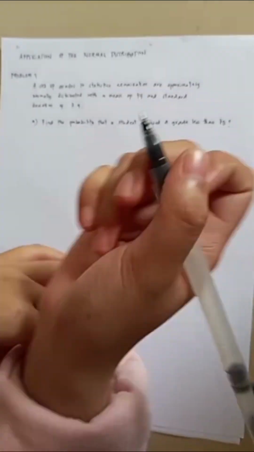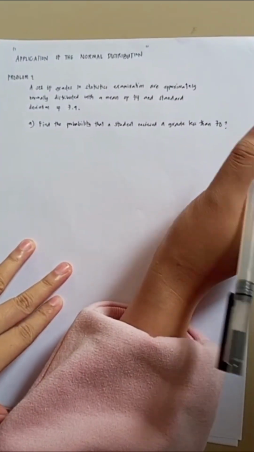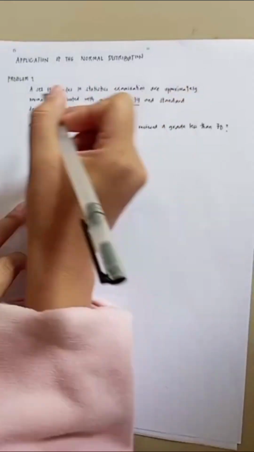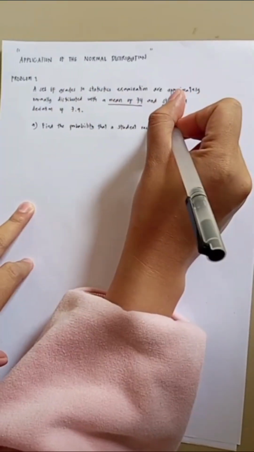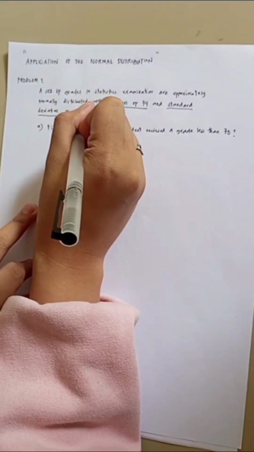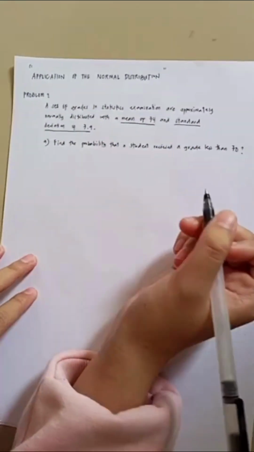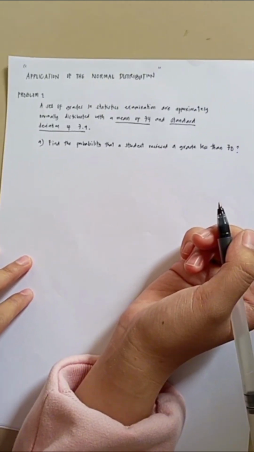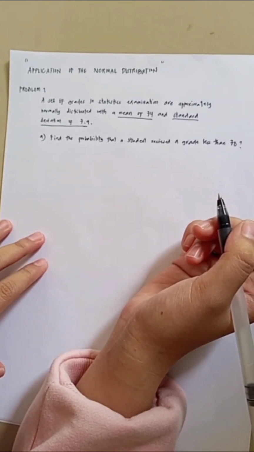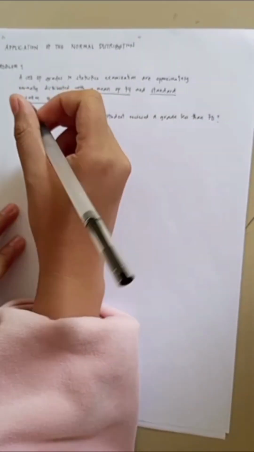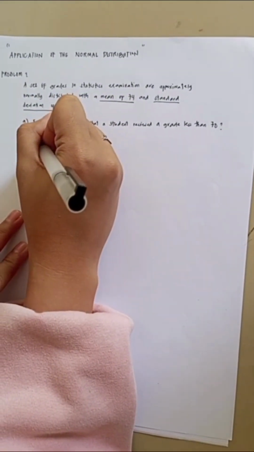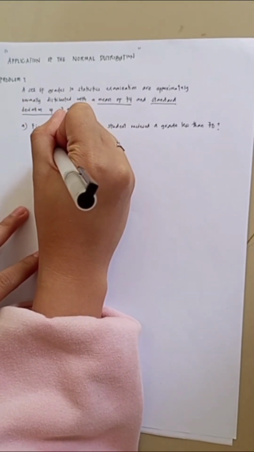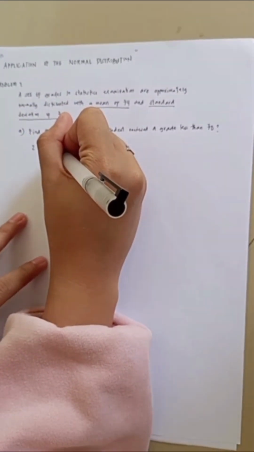Problem 1. A set of grades in statics examination are approximately normally distributed with a mean of 74 and a standard deviation of 7.9. At this problem, we attempt to find the probability that a student received a grade less than 70. So the number 70, we are going to convert the 70 into standard score.